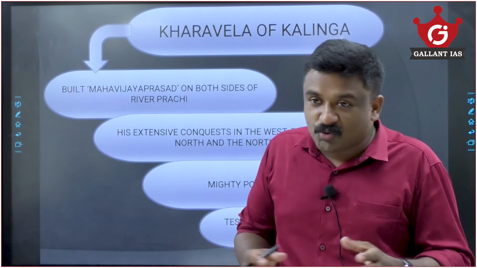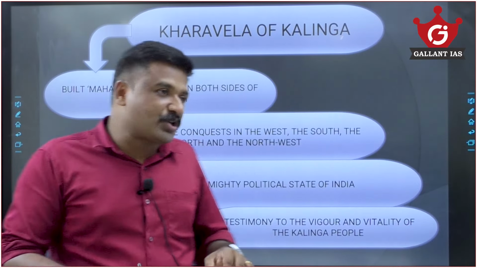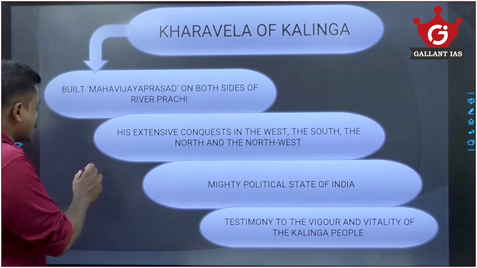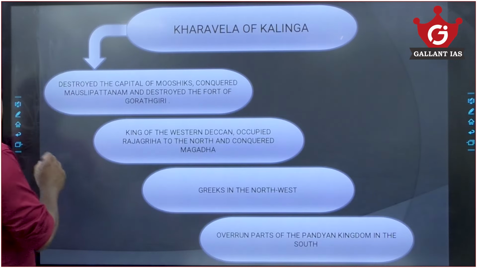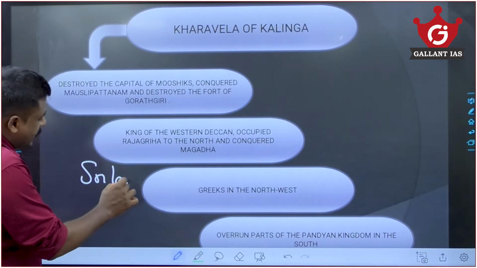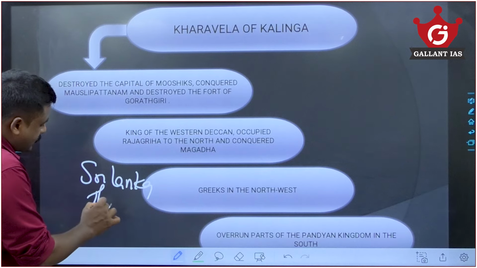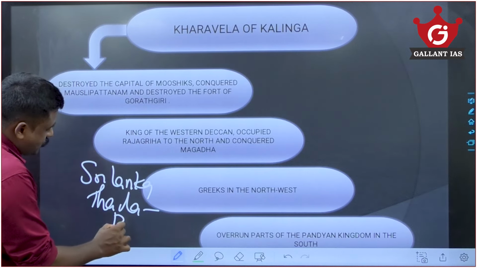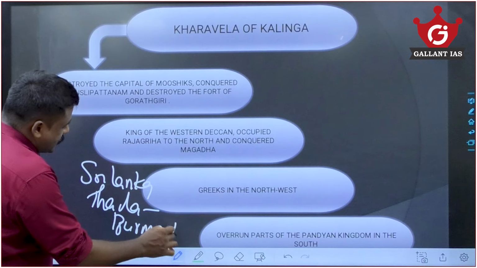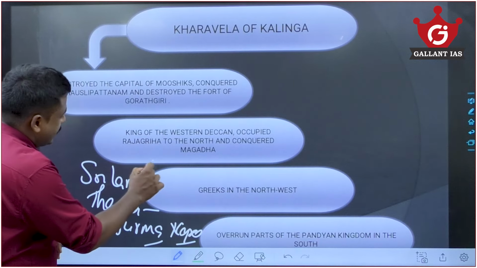Kalinga was a huge state, and it had trade relations with Sri Lanka, Thailand, Burma, Nepal and China.